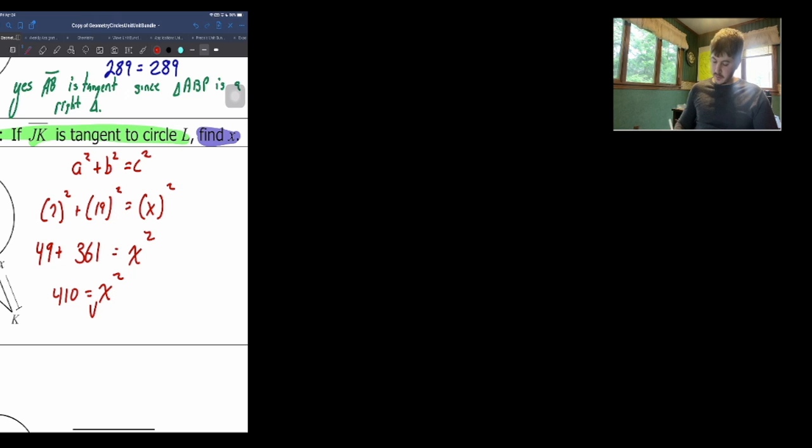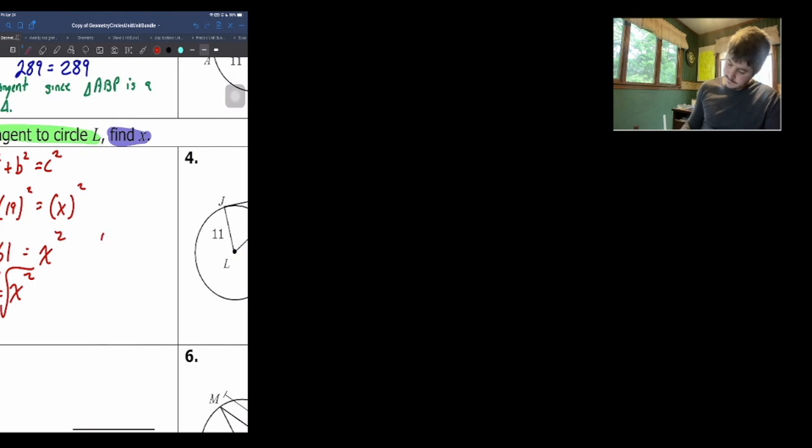So we do need to take the square root of both sides. And 410 square rooted is definitely not going to be a perfect square. So square root it. We'll round everything to the nearest tenth for our sake. So I get 20.24. So 20.2 I will put for my value of x.